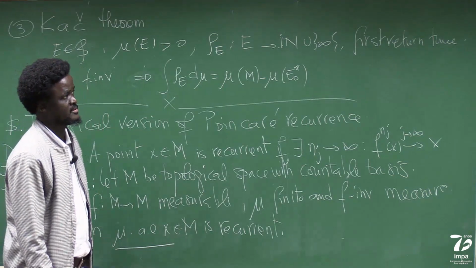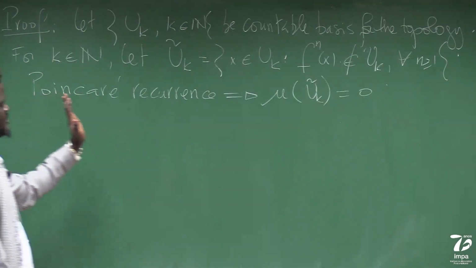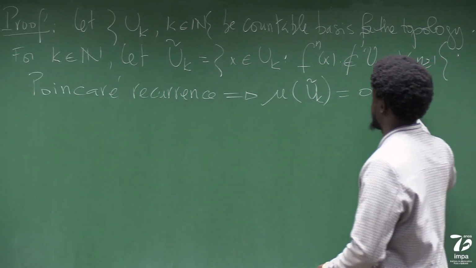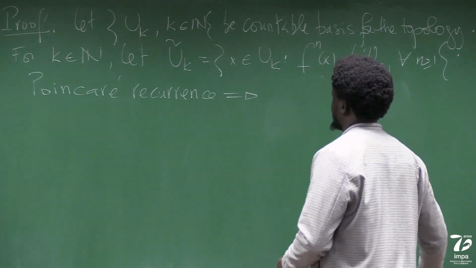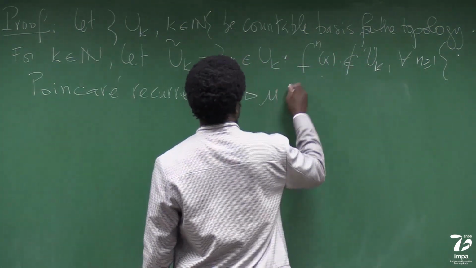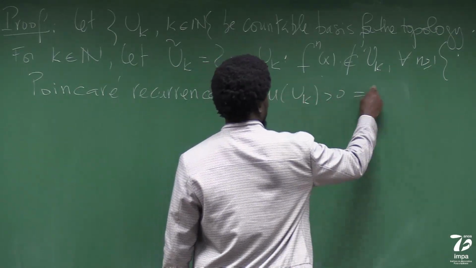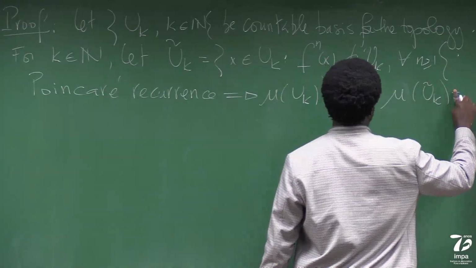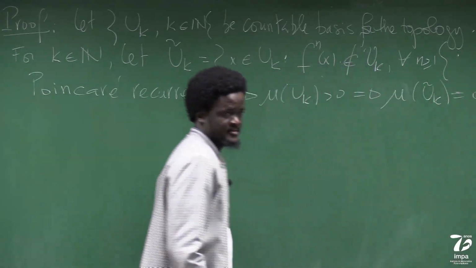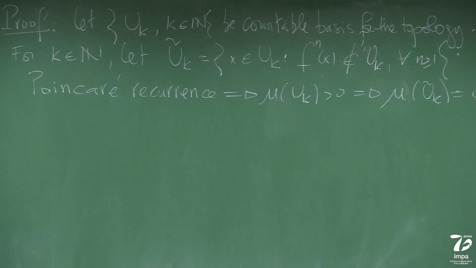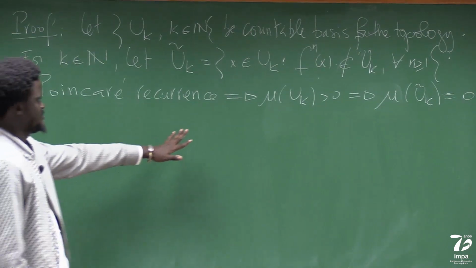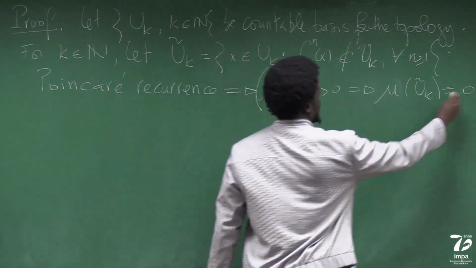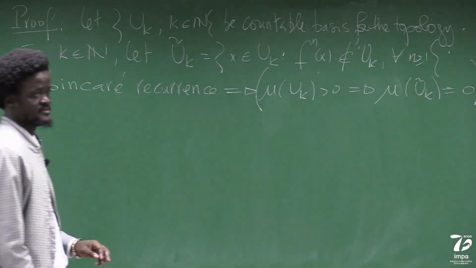So let's do this: mu of U_k positive implies that mu of U_k tilde equals 0. You happy with this? To be very precise, Poincaré recurrence implies this whole thing.